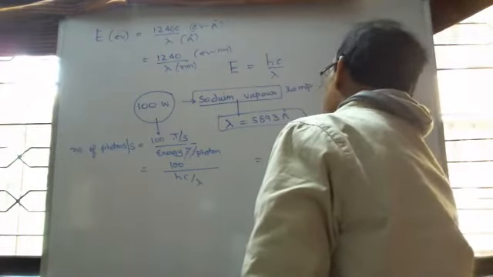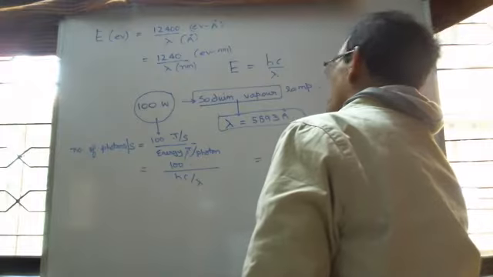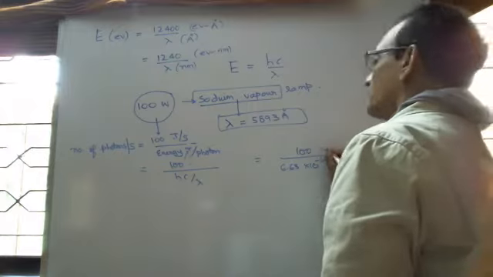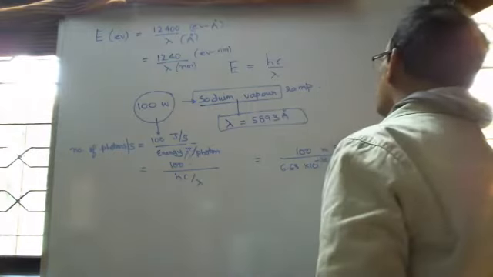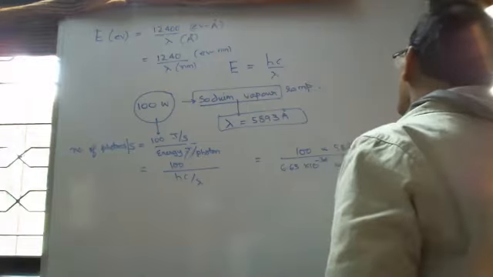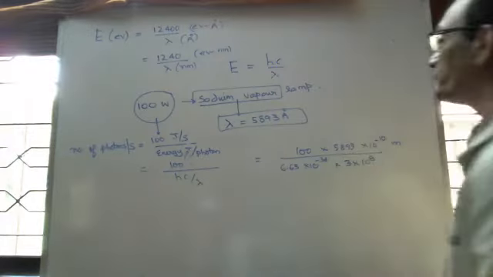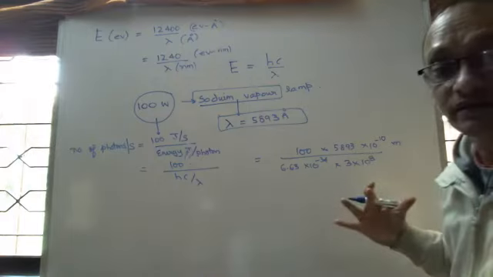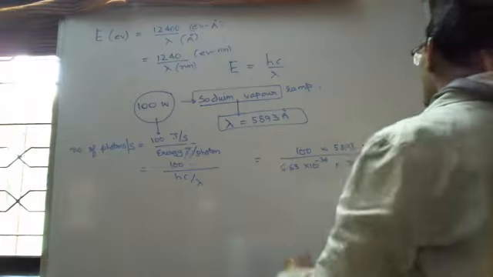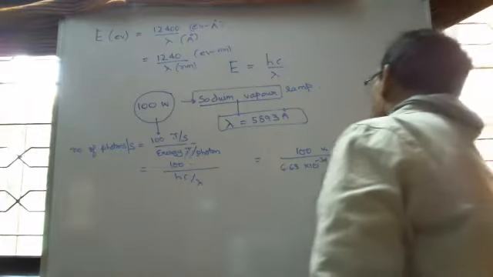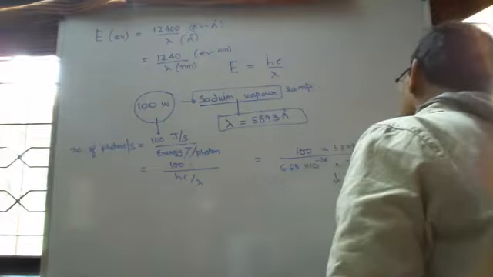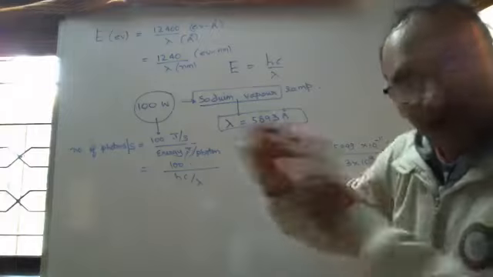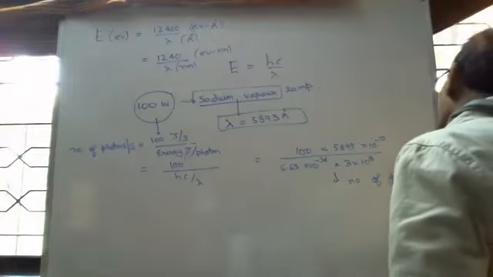H is 6.63 into 10 to the power minus 34 into c, which is 3 into 10 to the power 8 divided by lambda, 5893 angstroms into 10 to the power minus 10 meters, right? These many photons are emitted by this bulb every second. This is the number of photons emitted per second, right? Total energy per second divided by the energy per photon will give me number of photons per second, isn't it? Yes, sir.